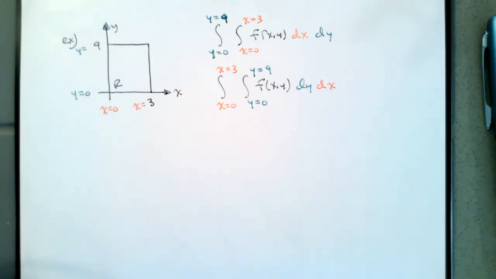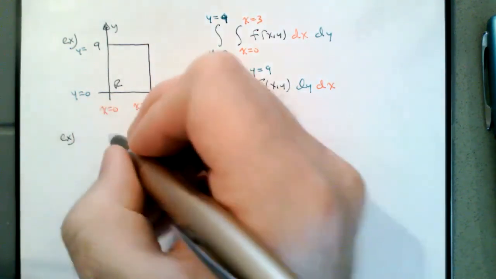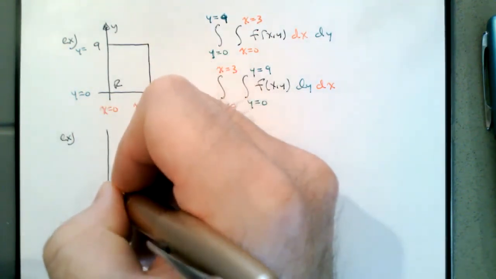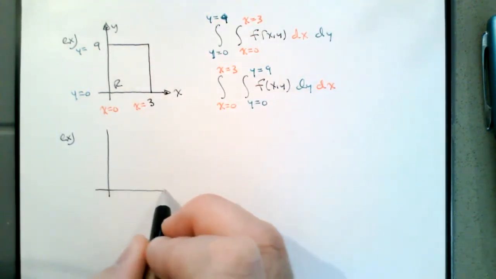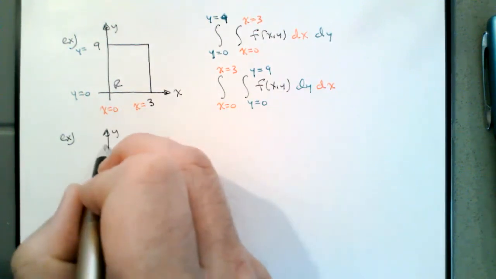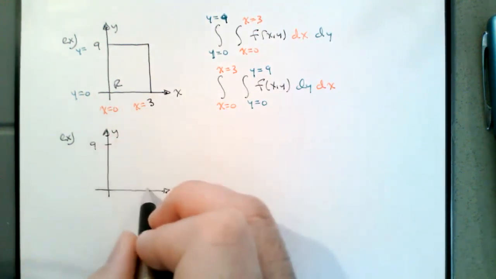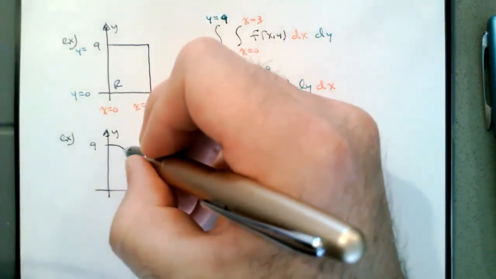What we have to work on now is not having nice rectangles. So let's come up with a new region. I'm just going to carve a new region out of this old region with a parabola.